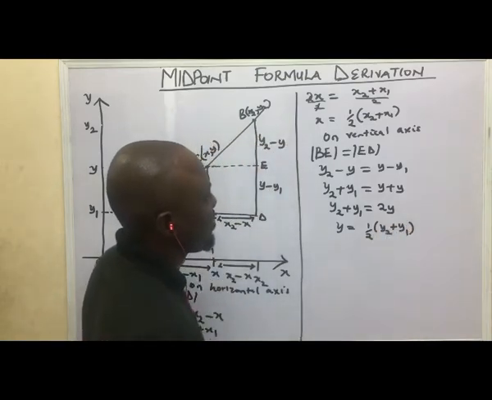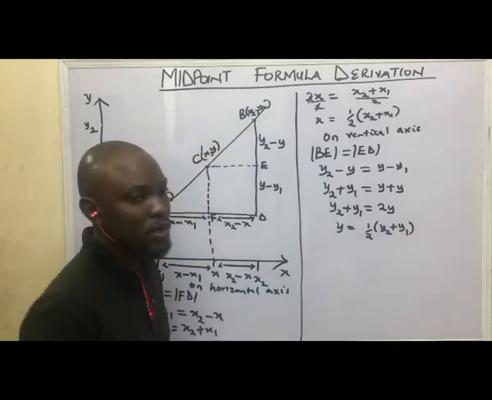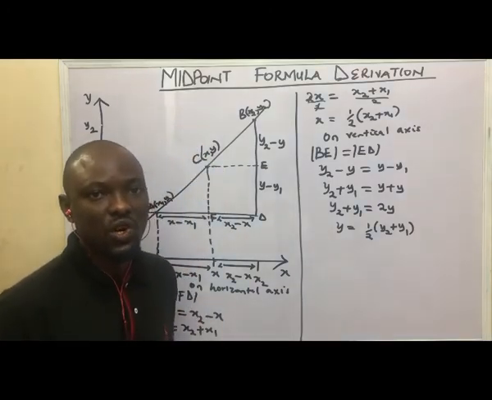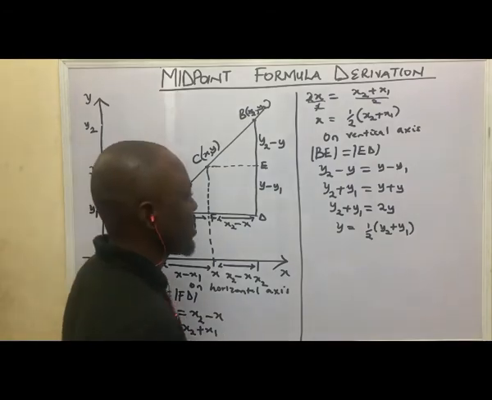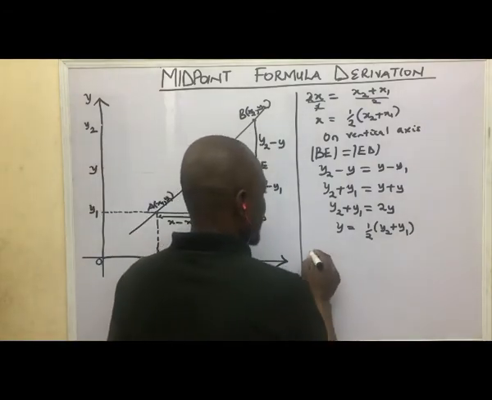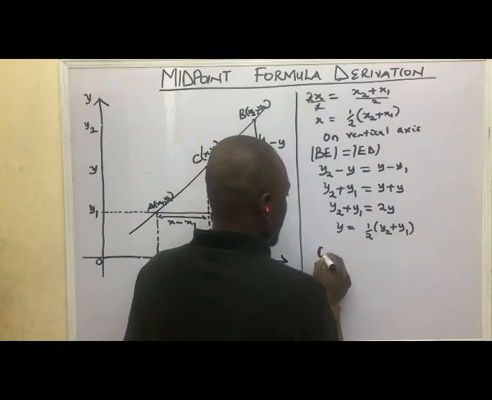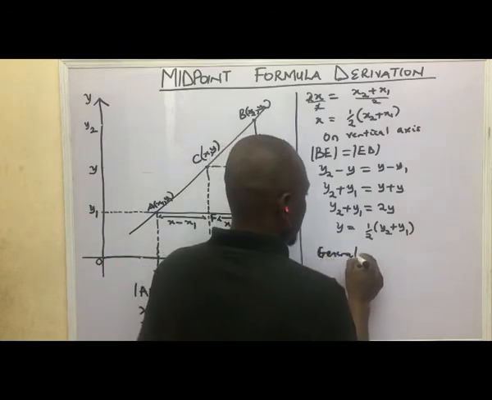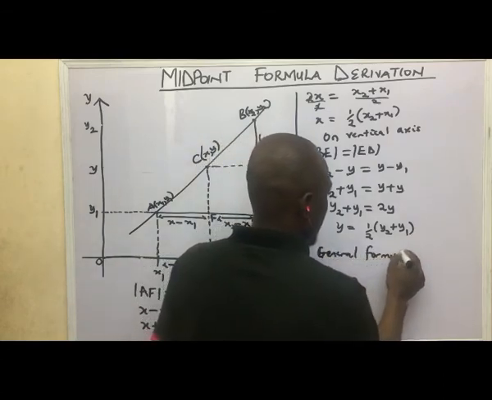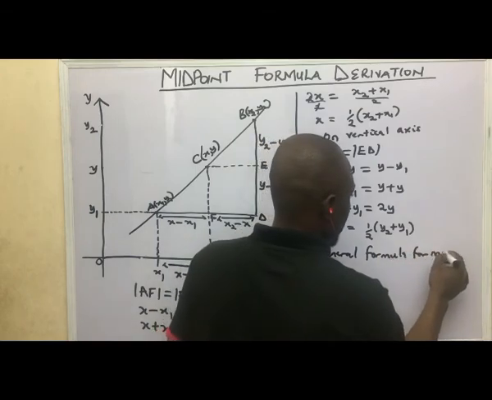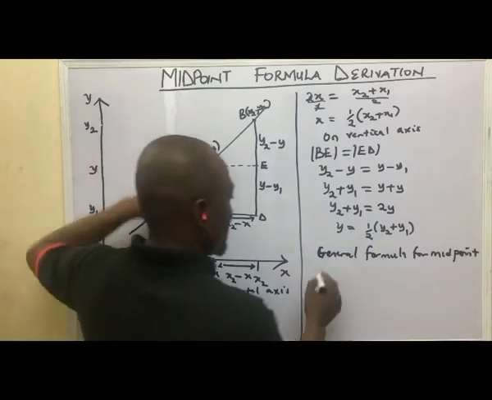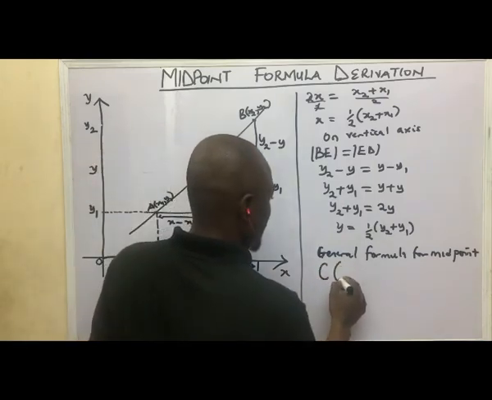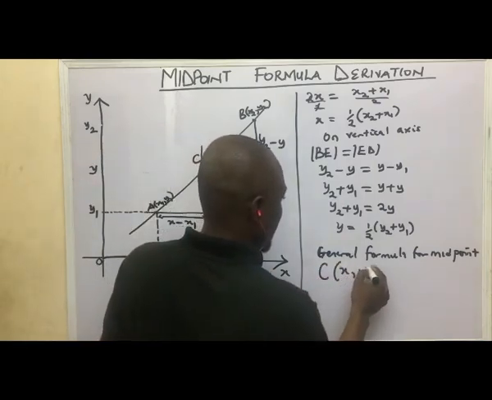Now you can see that the midpoint simply means the average on the x-axis and then the average on the y-axis. So therefore, I can come out with a formula for midpoint. Now this is the general formula for midpoint. Now you can see that my midpoint here is C, which has x, y.